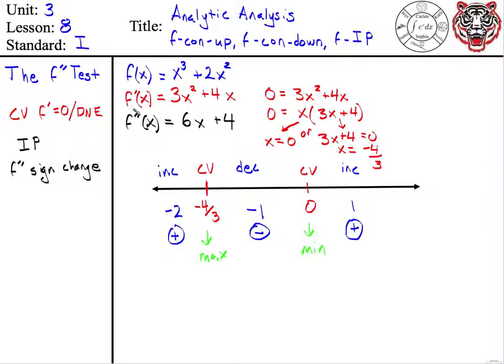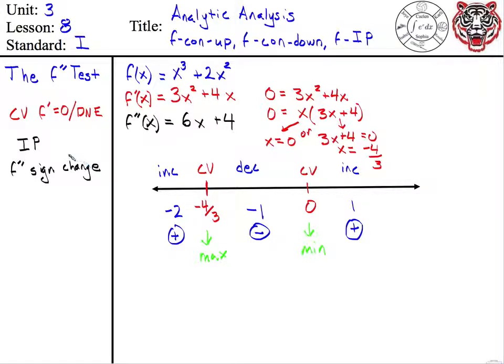Where could a relative extrema occur? When the slope changed, from negative to positive. That is the definition. I agree, Carly. It can only occur at a critical value. That's why we wanted to find critical values to begin with. We found the critical values, and then there was a potential for there to be a relative extrema.